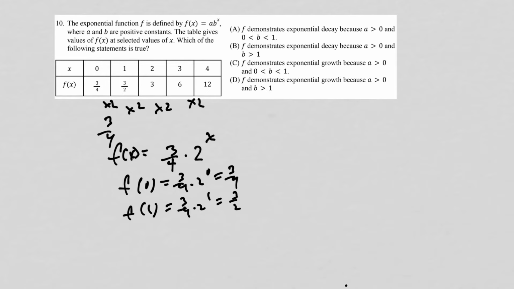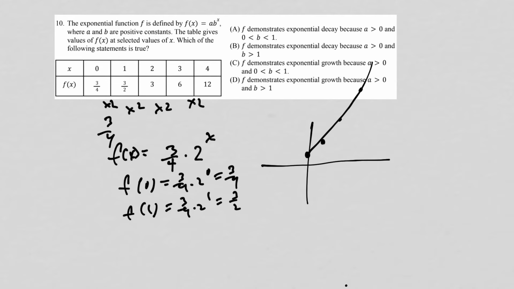Okay, maybe we don't need all that, but let's see. If I were to make a graph of this, it would look like this: 3/4, which is about 0.75. Then we go to 3/2, which is double that, and then 3, and then 6.